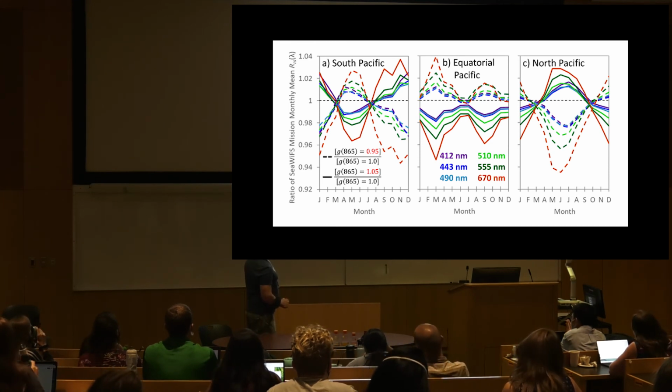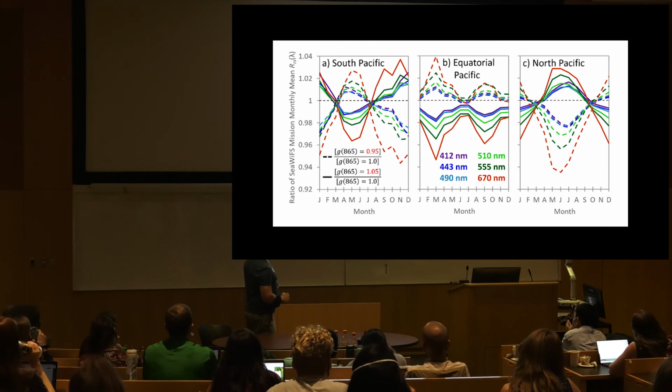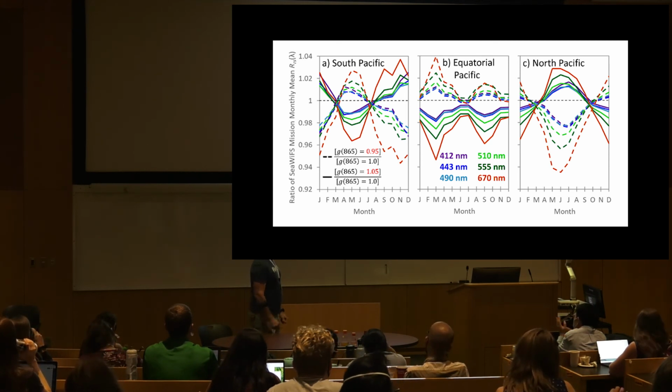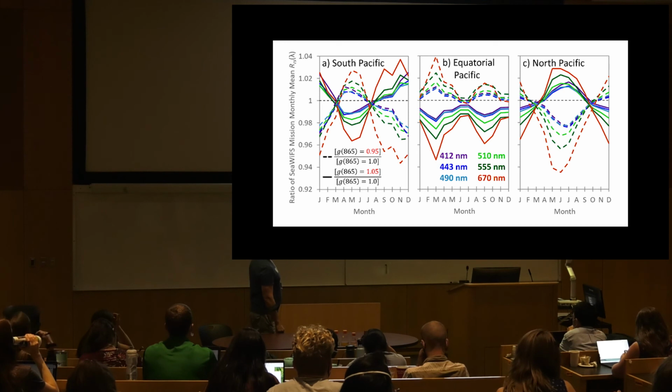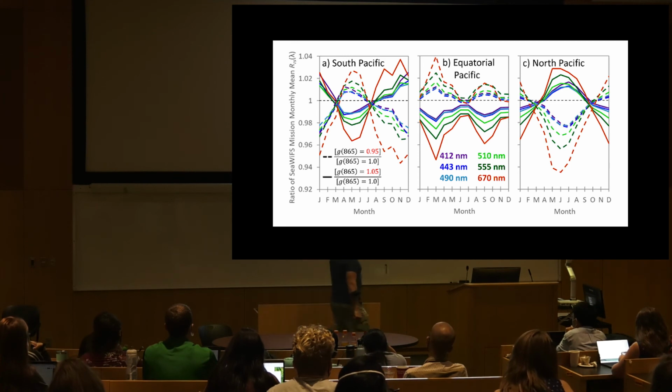But let's just say that hypothetical change can impart a 6% seasonal cycle there in your retrieved remote sensing reflectances for different wavelengths. The different colors are different wavelengths. The papers will explain it all.